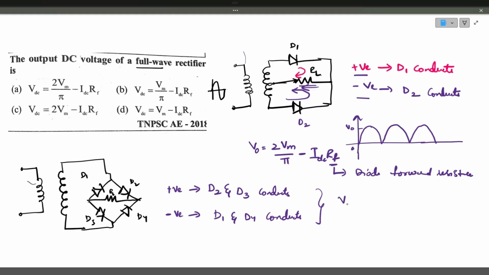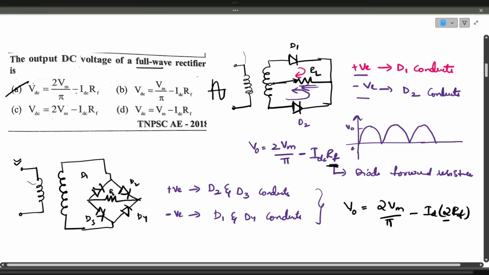The average output voltage in this case will be 2 Vm by pi minus IDC into 2 RF, as the forward resistance will be twice. This is in the case of the bridge circuit. In the case of the center tapped circuit, it is only a single RF. In the given options, there is no 2 RF in any of the options, so the answer is option A, 2 Vm by pi minus IDC RF.